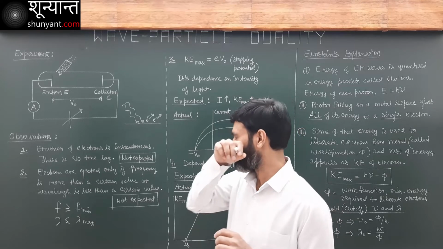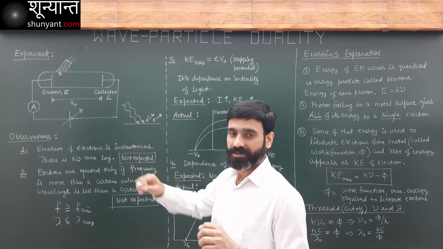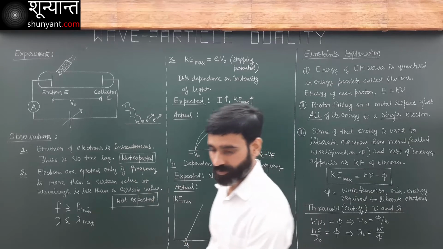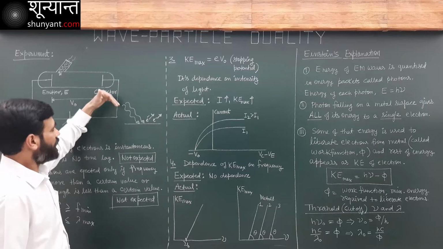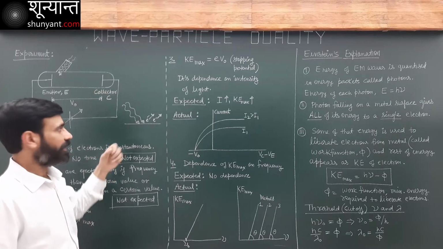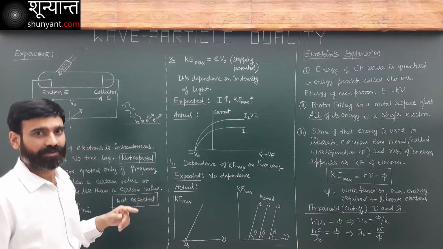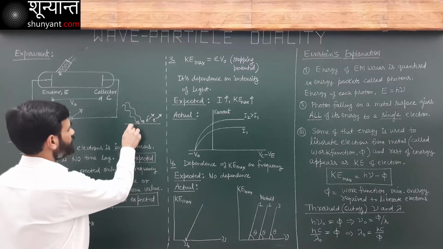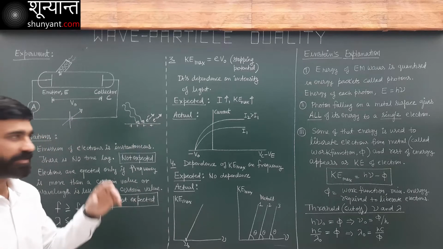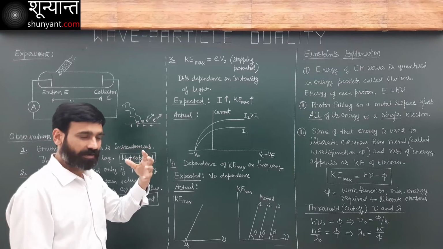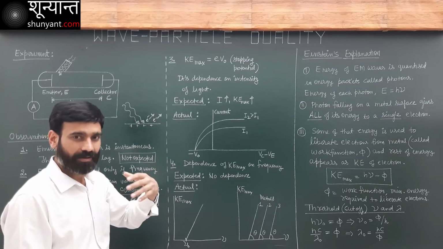Now, as the electrons come out, I start with a neutral plate. Light falls on it. As the electrons come out, this plate is going to be positively charged. It will start attracting back the electrons.